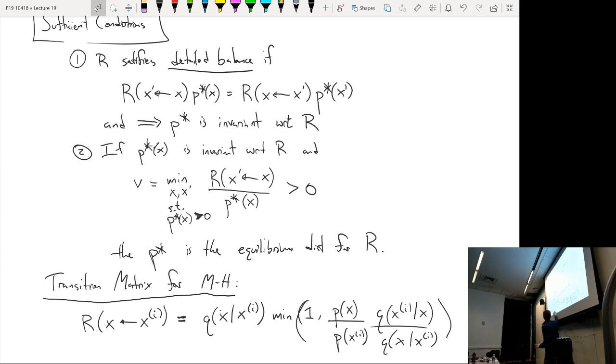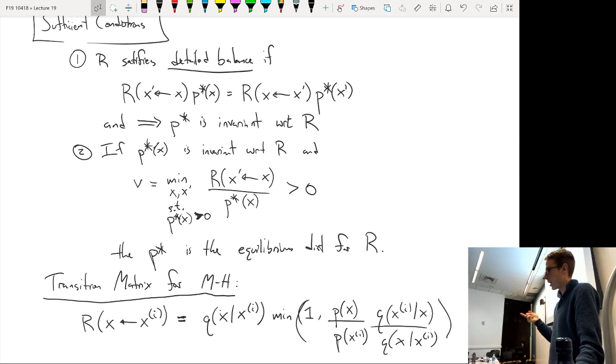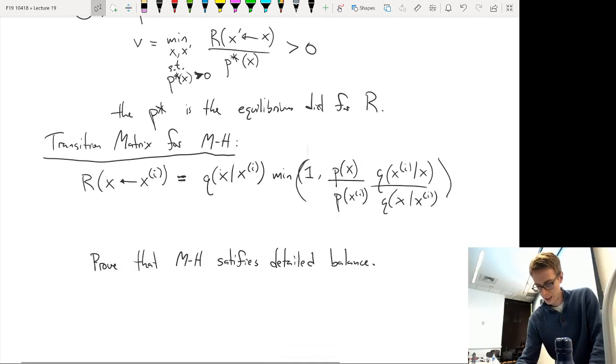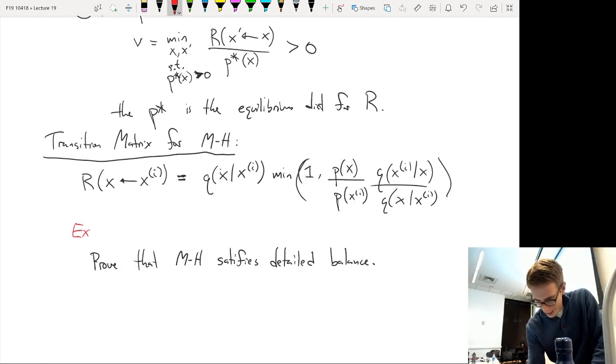Okay, so there you just need to make sure that the proposal distribution doesn't have any zero probabilities for states, right? So long as your proposal distribution always gives non-zero probability to some state, then part 2 here is easy to prove. Falls right in. Okay, so proving that this transition matrix satisfies that equation would guarantee for us that P star is invariant with respect to R and that P star is the equilibrium distribution with respect to R. Okay. So we'll have you guys do that on homework 4.